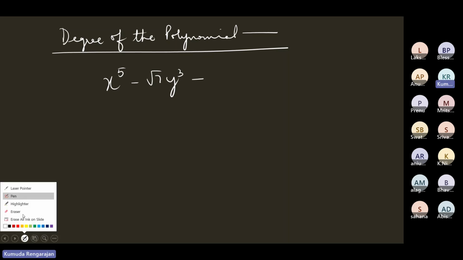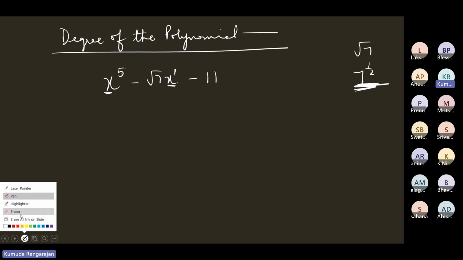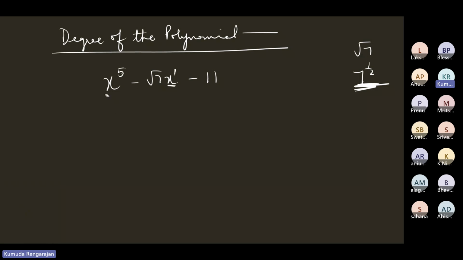Now I'm reminding you, root 7 is 7 to the power half, but we are not bothered about this. Our concern is only x and its power: 1 is a whole number, 5 is a whole number. So this expression is an algebraic expression as well as a polynomial.